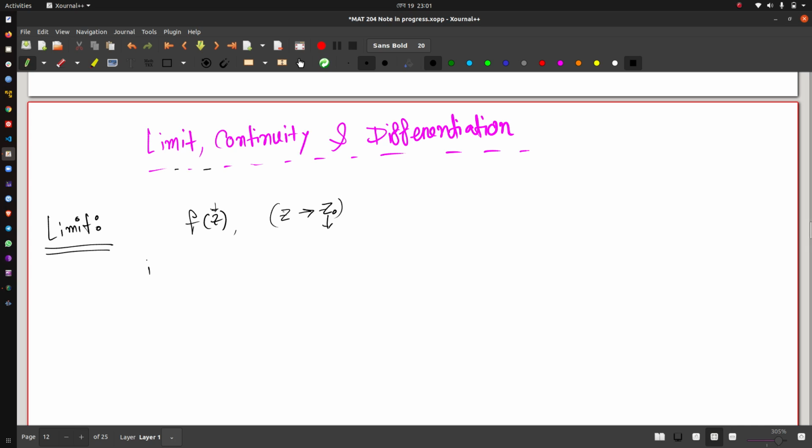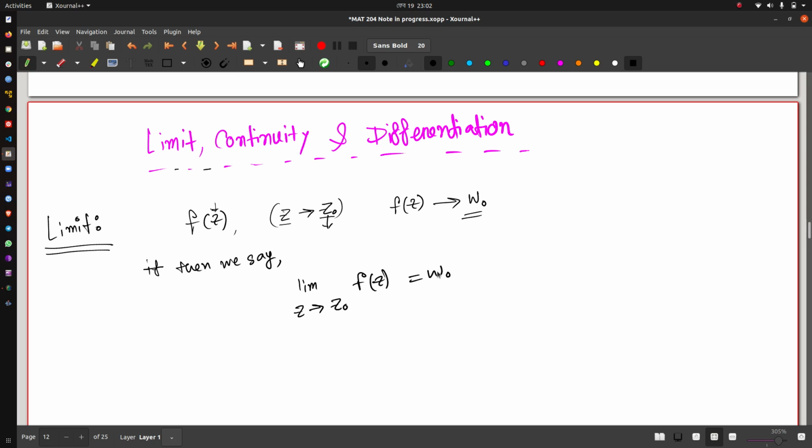And if this z approaches this z naught, and for that this f of z approaches this w naught, then in mathematical terms we state it like this: limit z goes to z naught, f of z is equal to w naught. This is what we write.